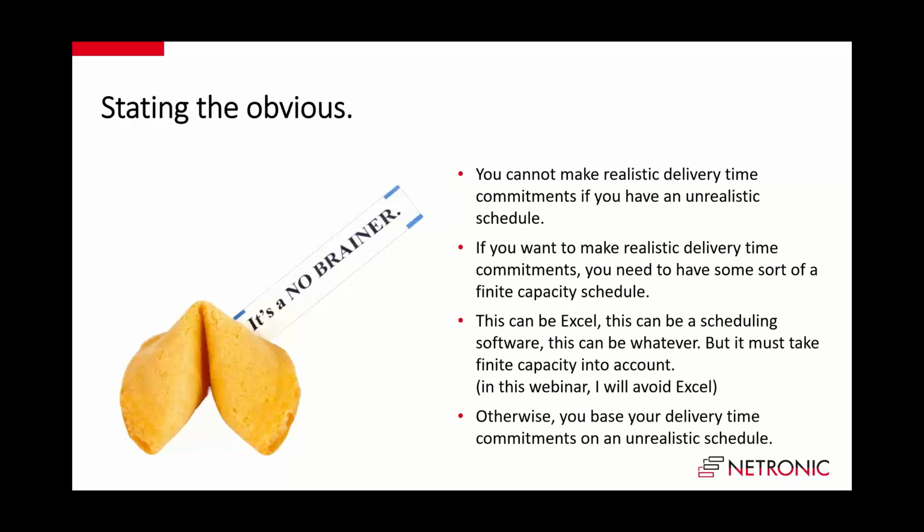You need to have information that tells you how your finite capacity will be utilized over the next couple of weeks or months or quarters, whatever your planning horizon is. Because if you don't have this finite capacity schedule, then you always have an unrealistic view on what is going to plan, and then you base all your delivery time commitments on an unrealistic schedule.